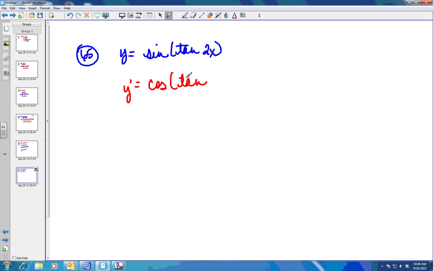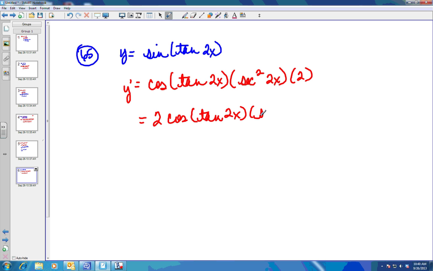Keep the inside times the derivative of your inside. The derivative of tangent is secant squared 2x times the derivative of 2x, which would be 2. And the only other thing I would do is bring that 2 out to the very front. 2 cosine tangent 2x times secant squared 2x. And that's how I want your answer.